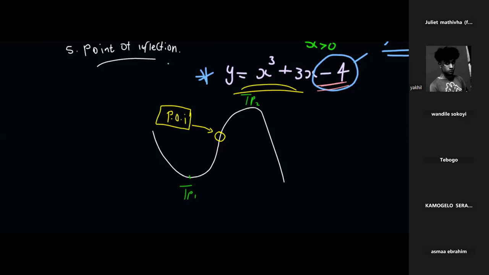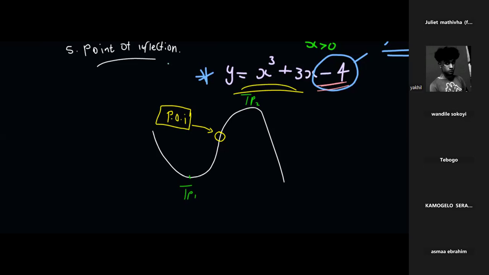Let me repeat what I've just said. The point of inflection, you find it by using the second derivative. You're going to derive twice. It will give you the point of inflection. Or you add the x values of the turning points, you divide by 2. That's another method of finding the point of inflection.